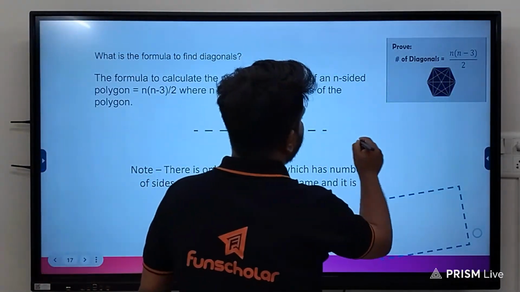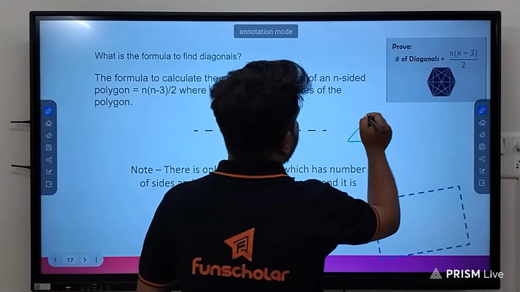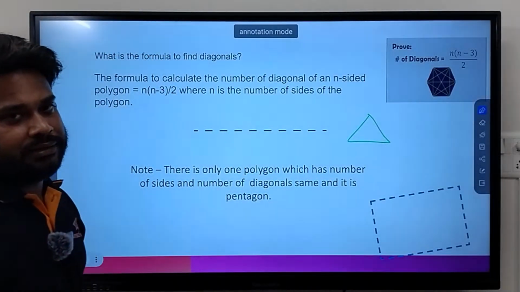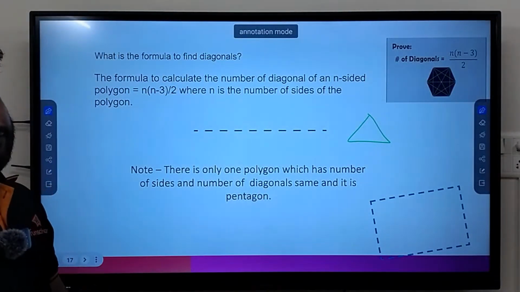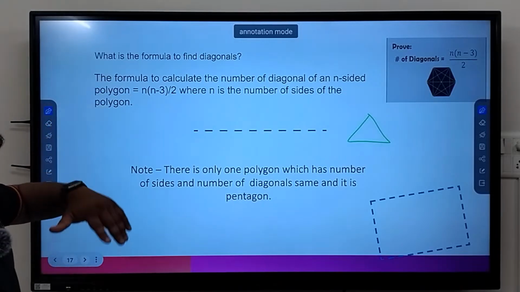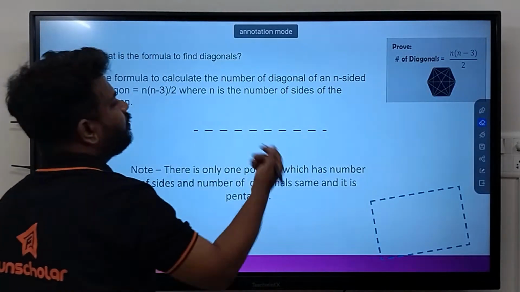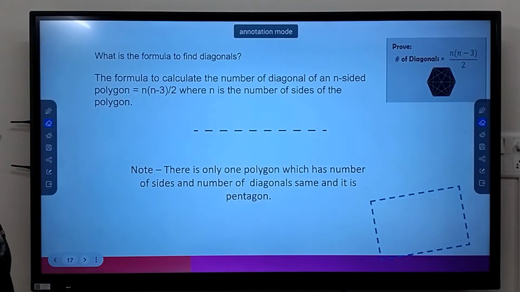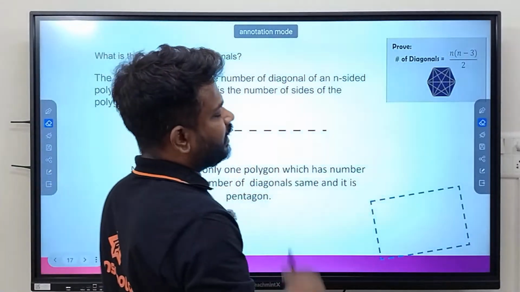But you can also think that if I draw a triangle, a triangle doesn't have any diagonal. So a triangle will not satisfy this formula. So the formula for the diagonals of a polygon will be n into n minus 3 by 2.